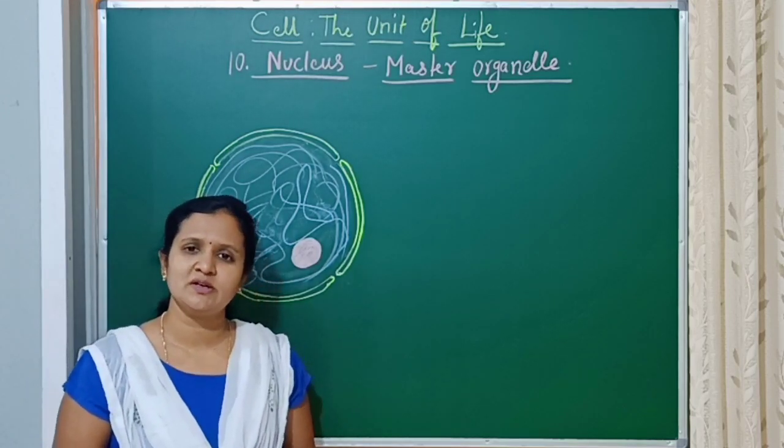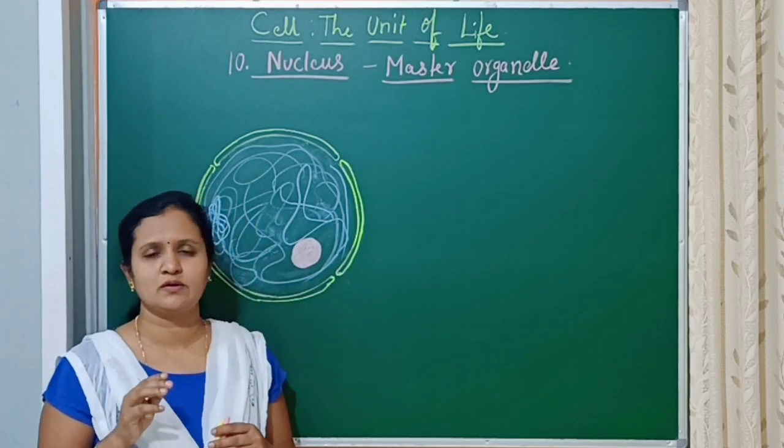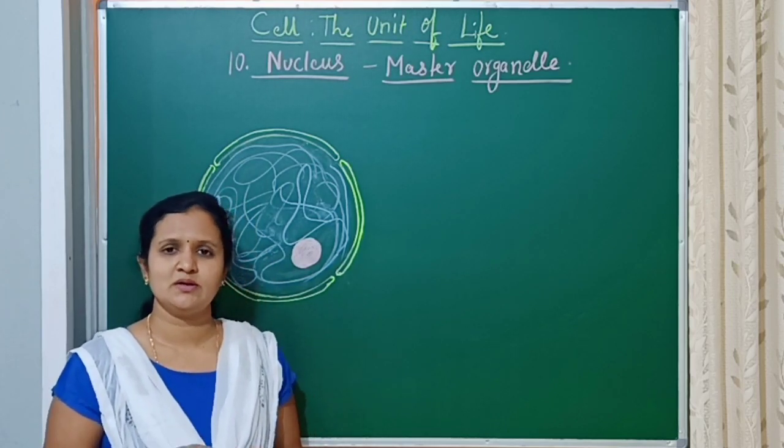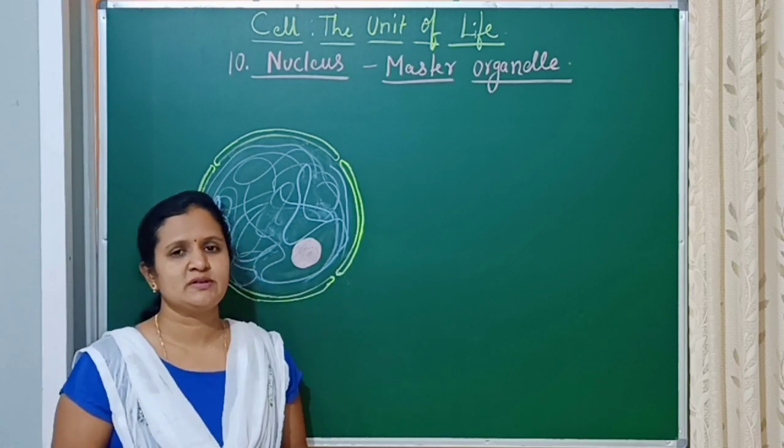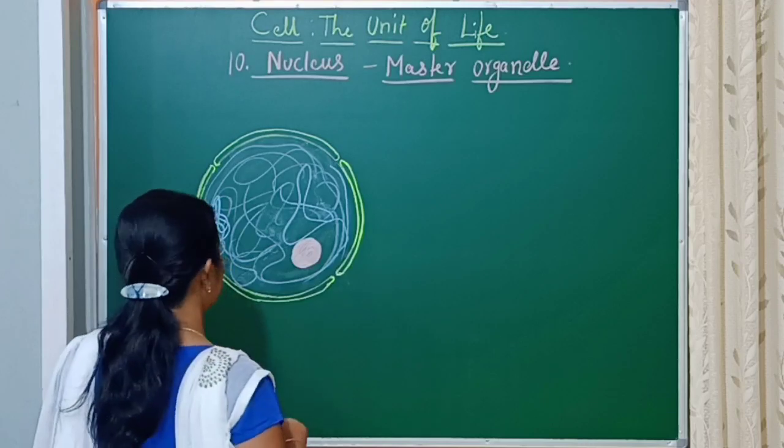The nucleus is generally spherical or round in shape, and it mainly has 4 parts. Let us discuss them one by one in detail.